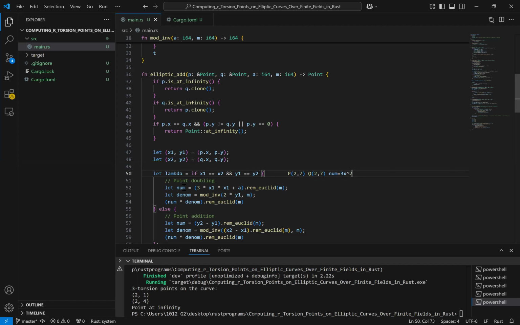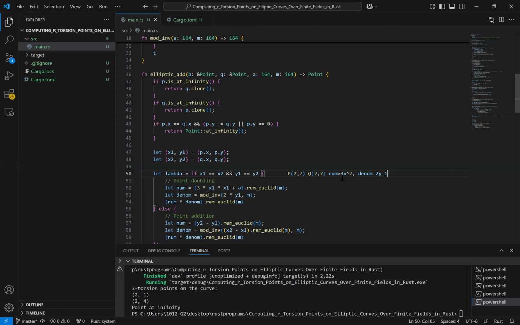The num there is the numerator. Then the denominator, let the denominator, denom, be the mod inverse of 2 multiplied by y1.